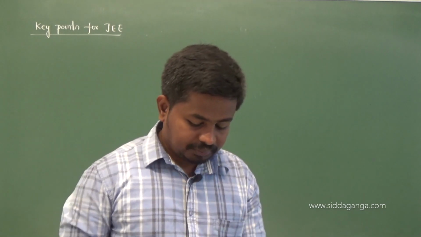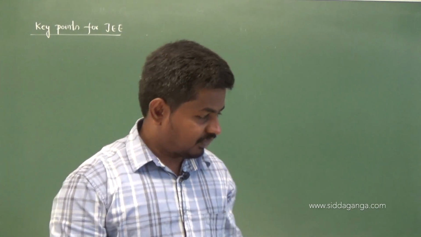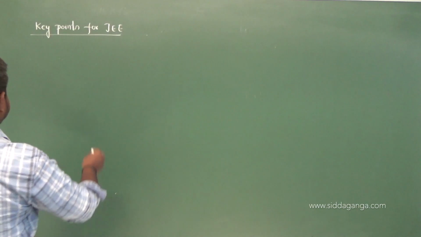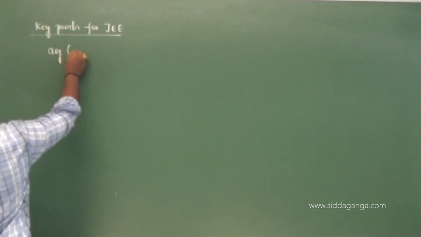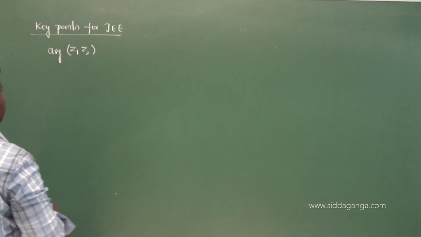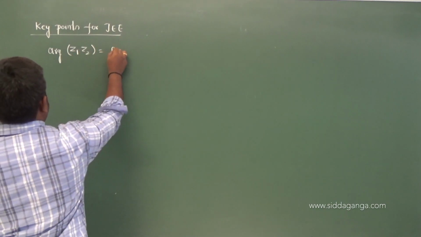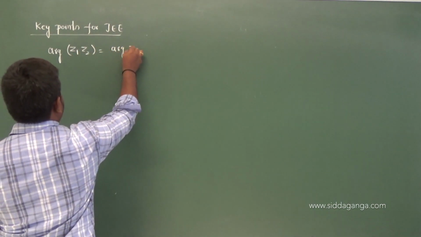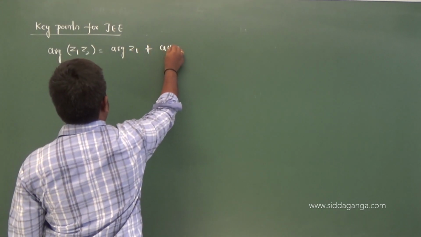Now let's move to the properties of arguments. The first property is argument of Z1 into Z2, for any two complex numbers Z1 and Z2. The argument of the product of these two is equal to argument of Z1 plus argument of Z2.